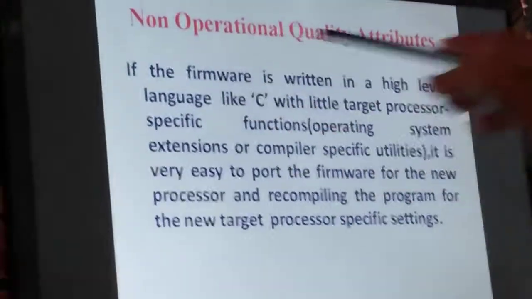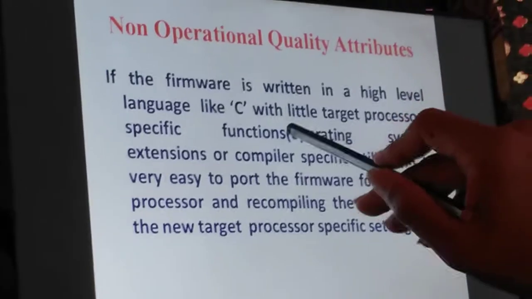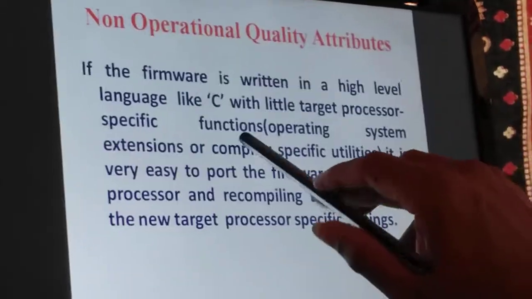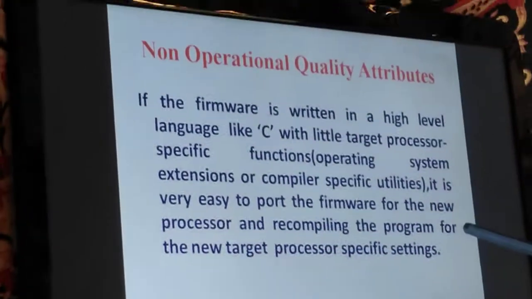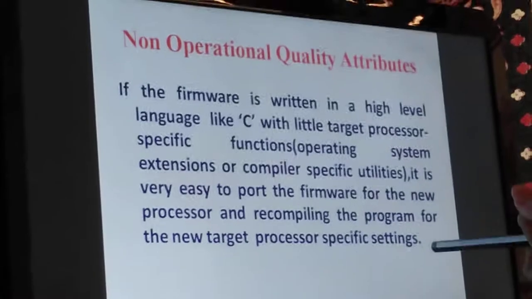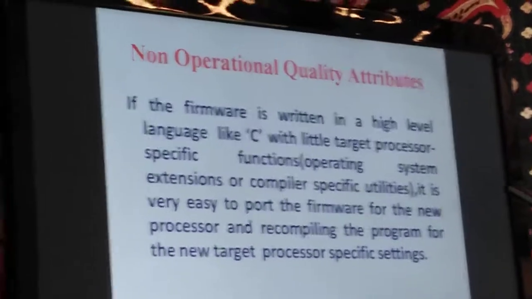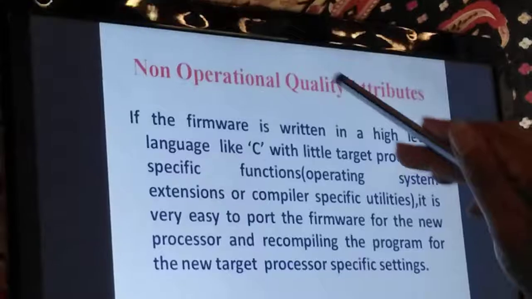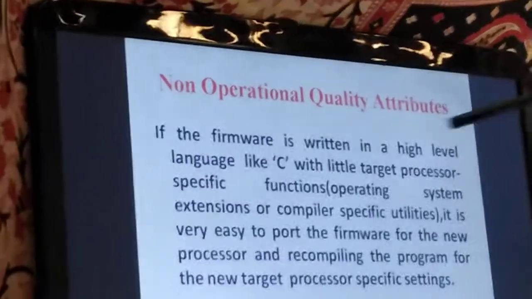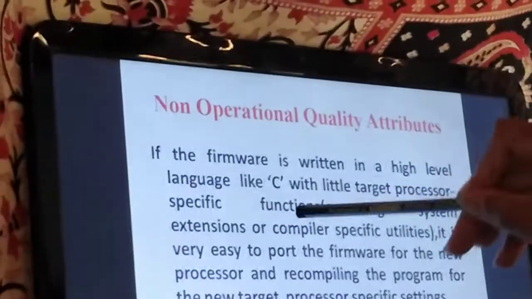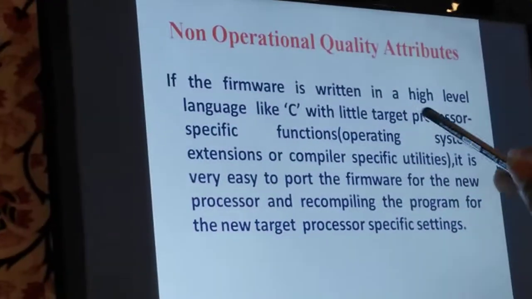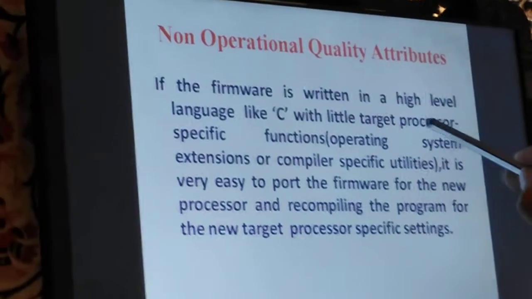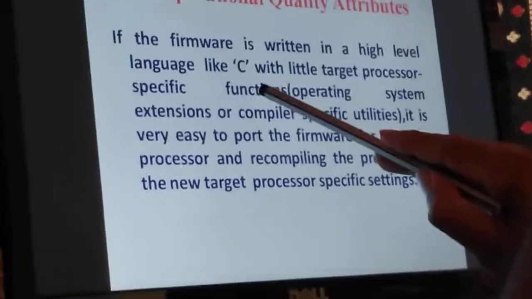If the firmware is written in high-level languages like C with few target processor specific functions, it is very easy to port the firmware to new processors by recompiling the program with new target processor specific settings. When you are developing the program with C-like high-level languages, these target-related functions are very few.